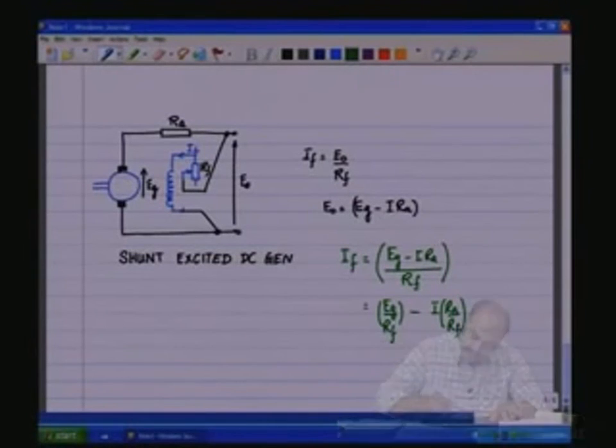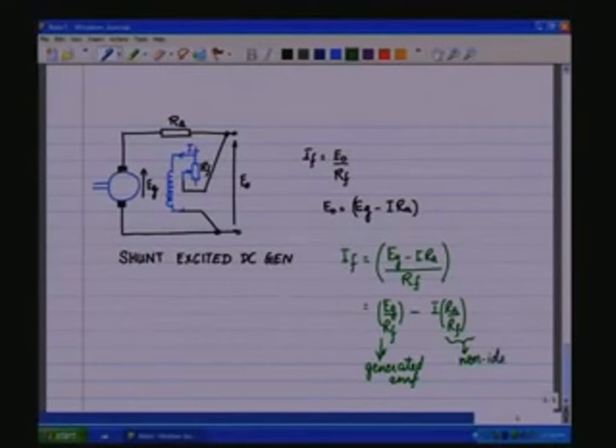So, the field current has two portions. One is a portion which is actually dependent on the generated EMF, and another is a portion which is basically the non-ideality. So, in practice, as RA is finite, the field current is going to vary with the load.